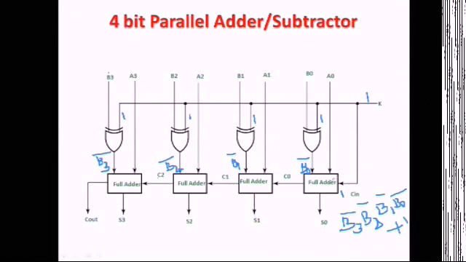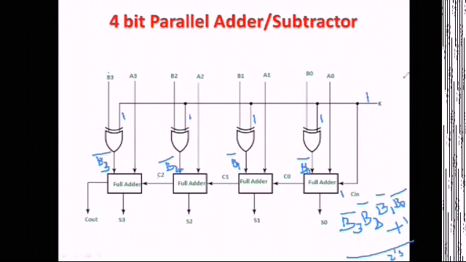This one will be added with this full adder only, as this full adder is the least significant bit. So what we are getting is nothing but the 2's complement. As I had already told you, 2's complement means, again, this is nothing but addition only.